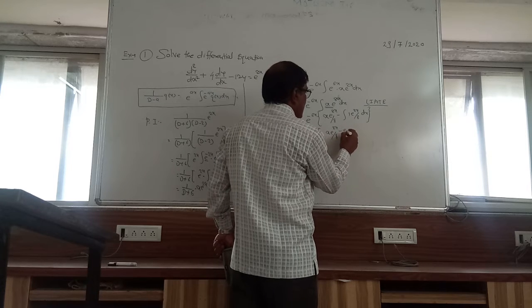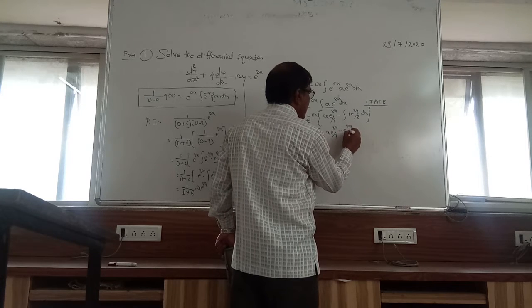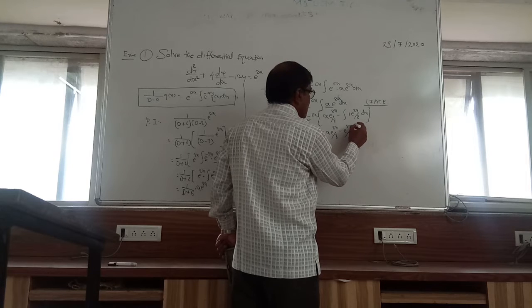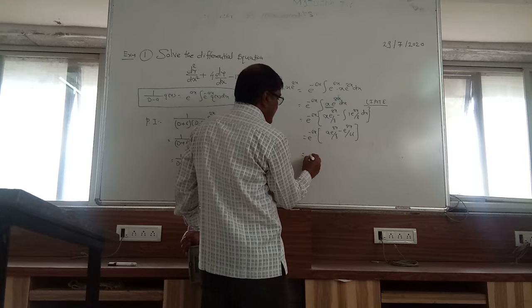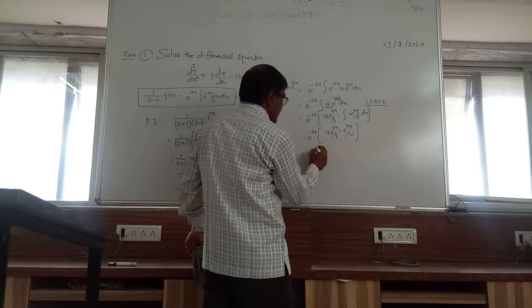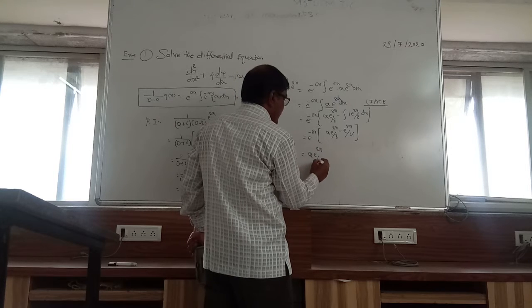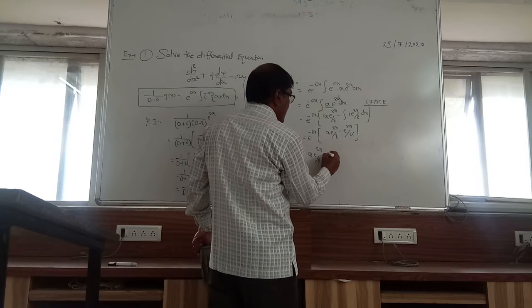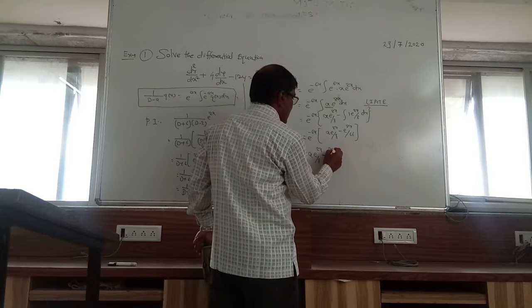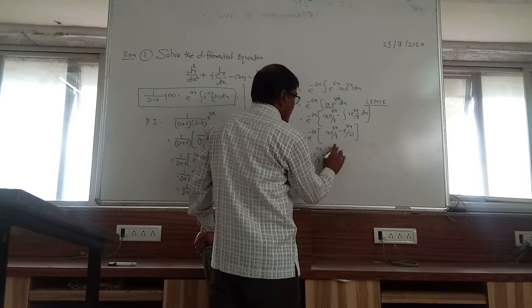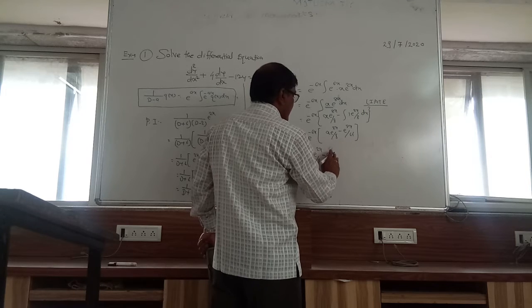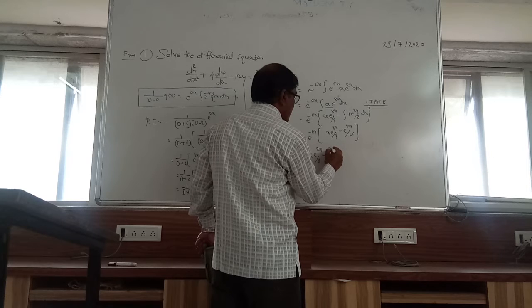So we have e raised to 8x upon 64 as the integration. So we may write here x into e raised to 2x upon 8 minus e raised to 2x upon 64.